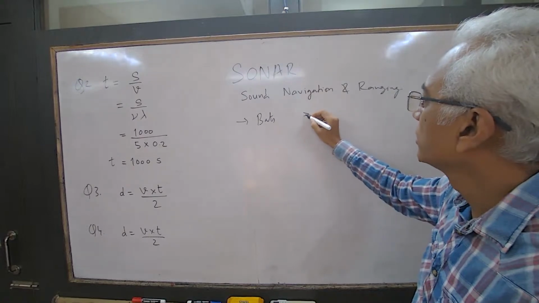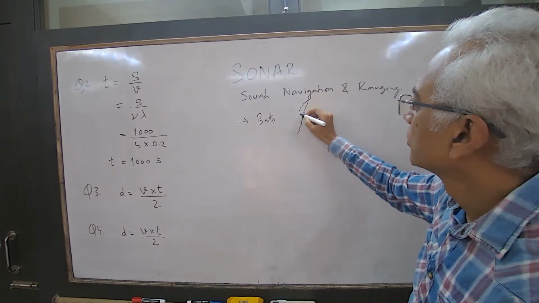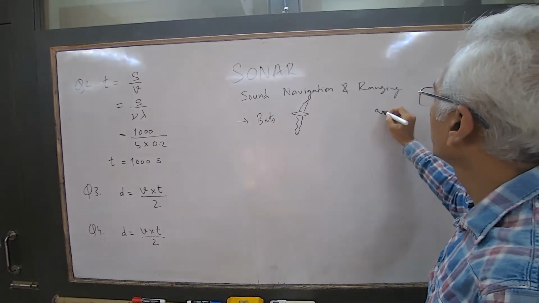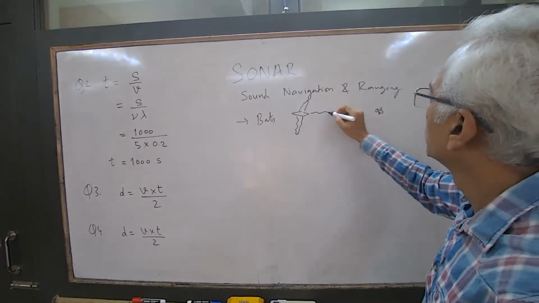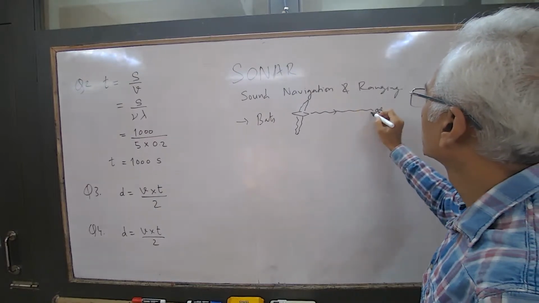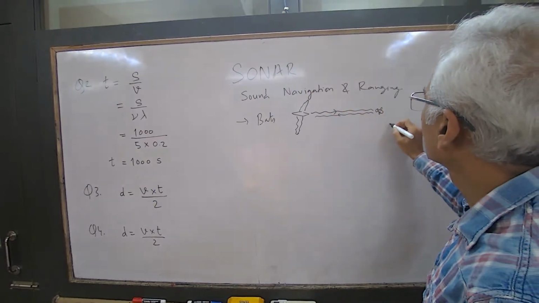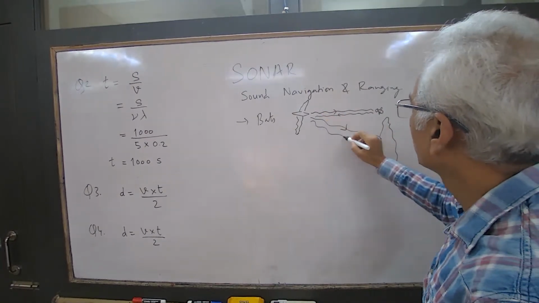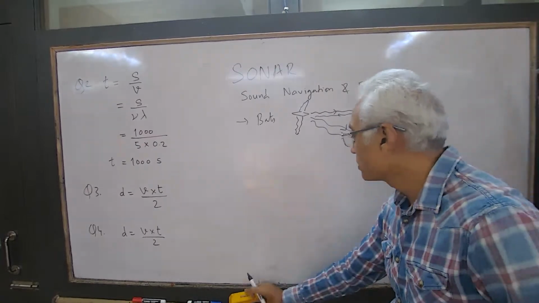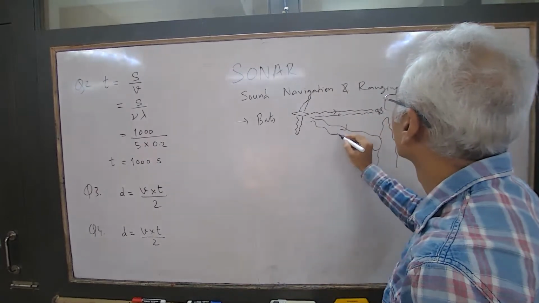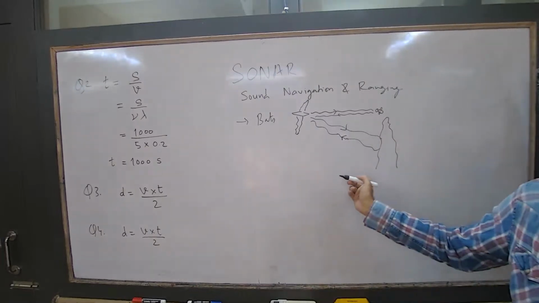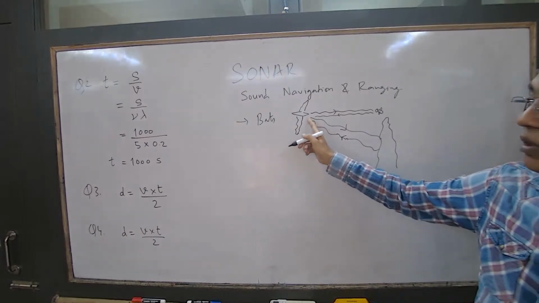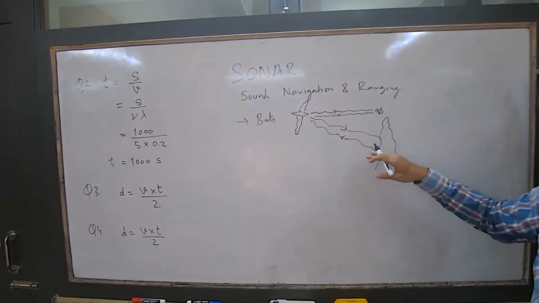So let's say you have a bat here, and let us say here it has a prey. It is sending ultrasound waves in all directions. And here let us say there is some rock or hill. Sound waves go everywhere in all directions. From the nature of the reflected sound wave, the bat will be able to figure out whether it is safe to travel in this direction.